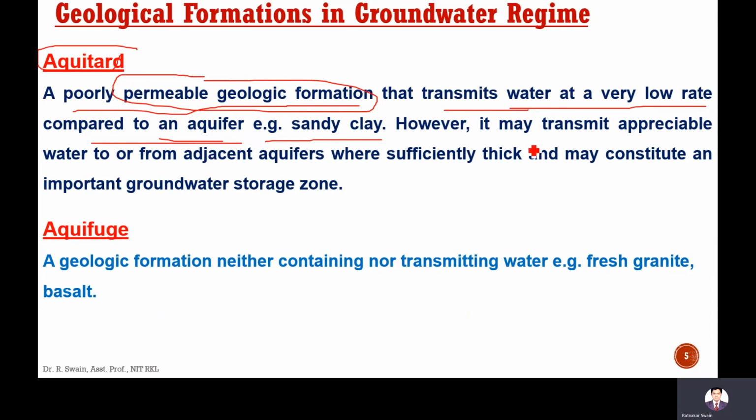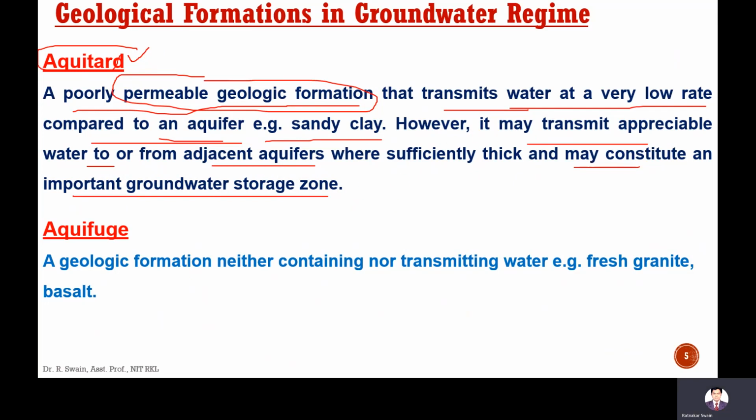However, an aquitard may transmit appreciable water to and from adjacent aquifers where sufficiently thick, and may constitute an important groundwater storage zone, although the water content is low.